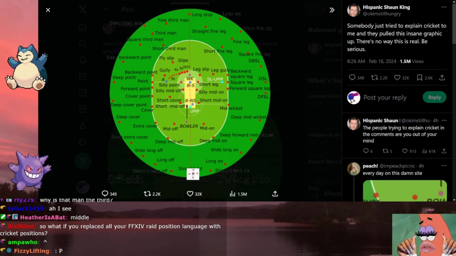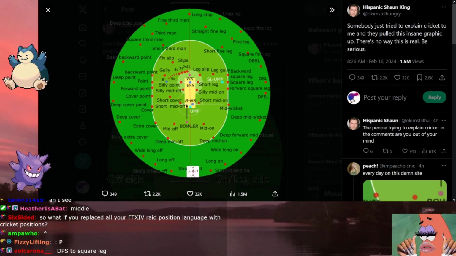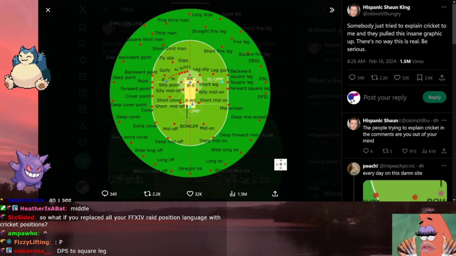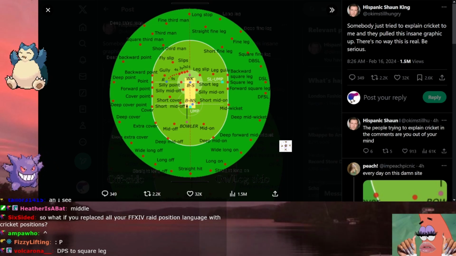Nobody actually fields here, the quote-unquote straight hit. Nobody ever fields here. So a bowler, I guess, would be one of your positions in 14 raid. Then you'd have a cover, then you'd have a point, and then you'd have a third man.